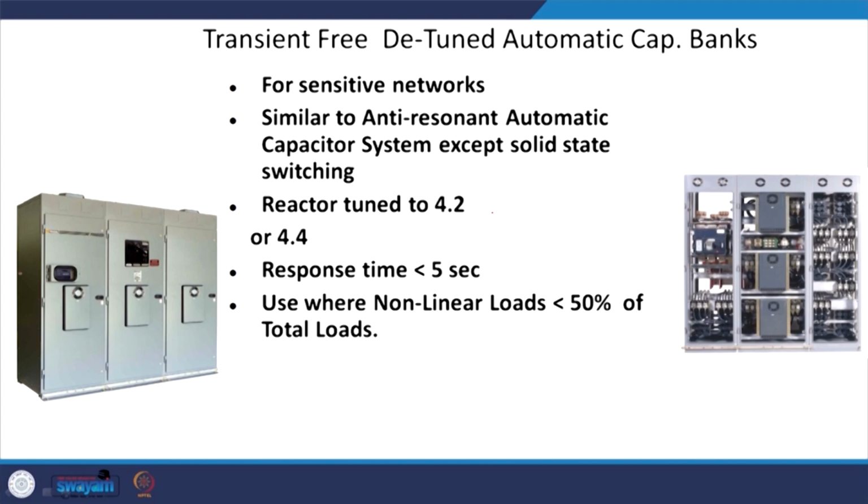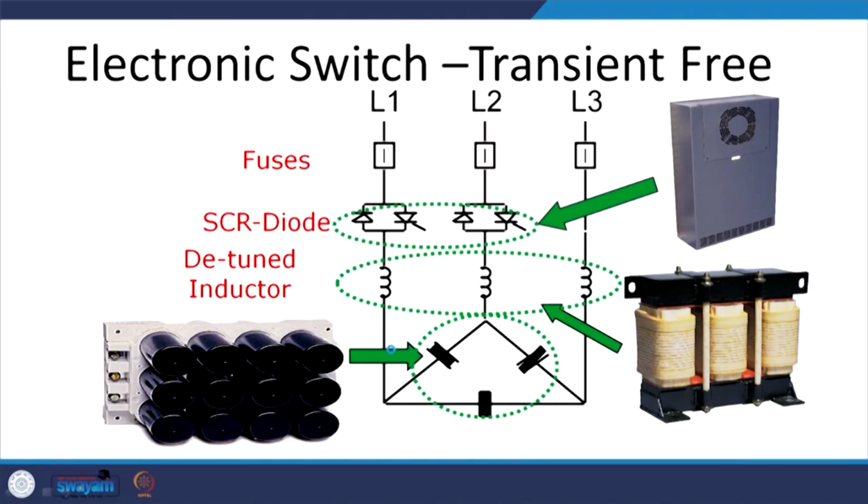It is the same, it has been detuned to the fourth harmonic of 4.2 to 4.4, and it has a response time of less than 5 seconds, where nonlinear load is more than 50%. So, this is the way to put it, the electronic transient free. Ultimately, you have thyristors that turn on and turn off, thyristor and diode combinations, and you have an inductor and a capacitor bank. This is for electronic switch transient free operation.